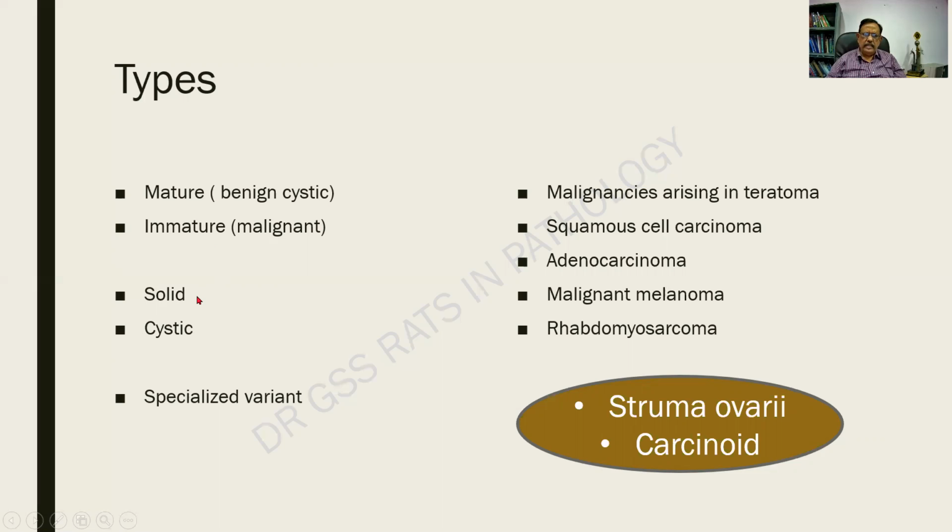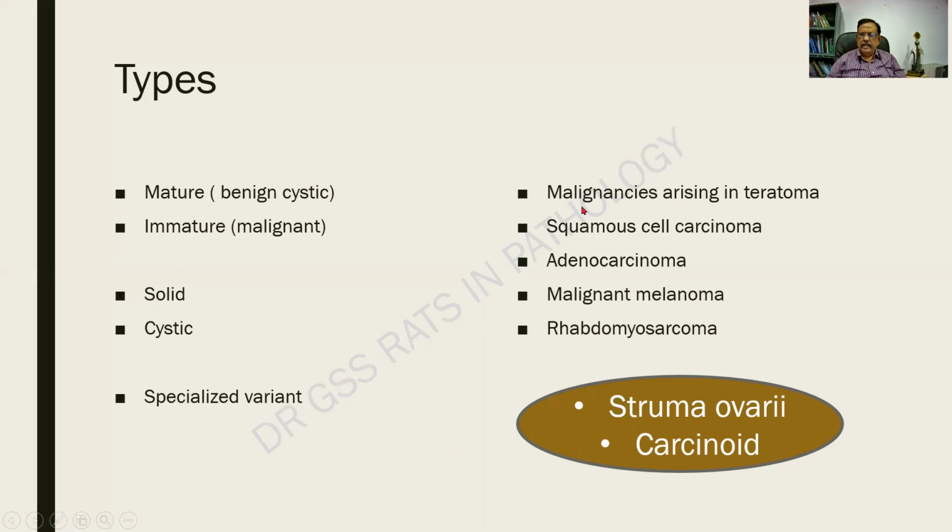It can also be classified as solid and cystic. Again, teratoma of the testis is solid, ovary is cystic. There are some specialized variants such as struma ovarii and carcinoid. Please remember these, this will fetch you marks.